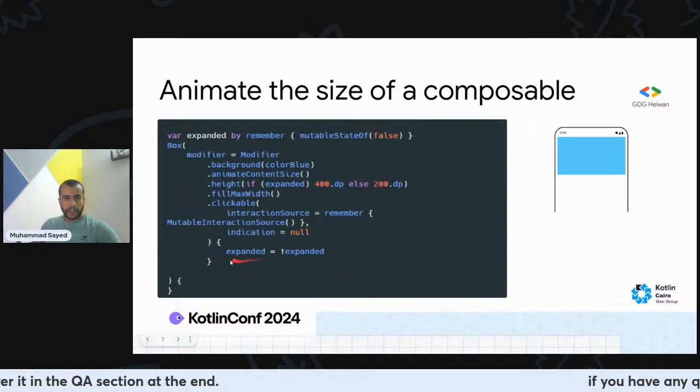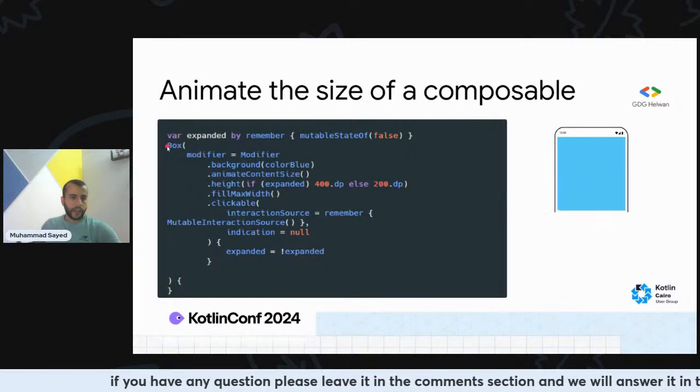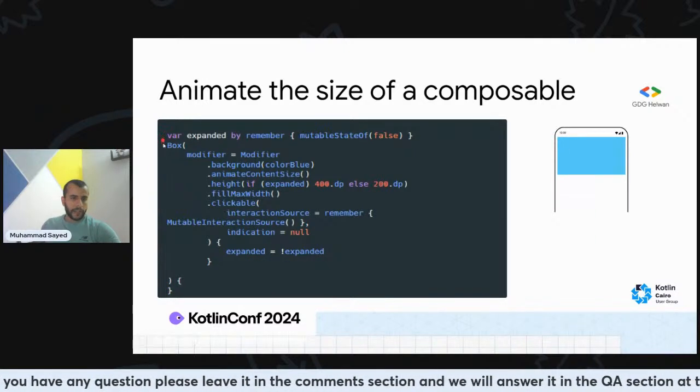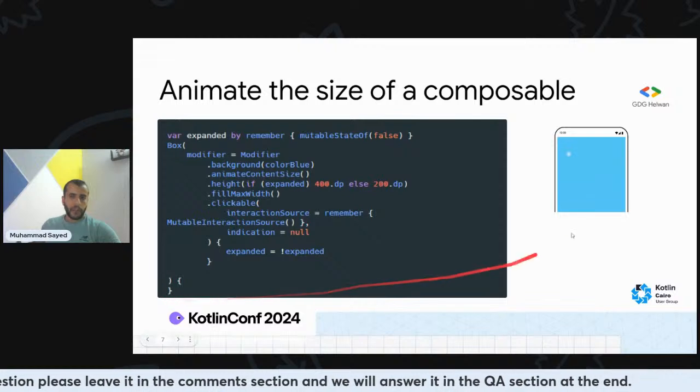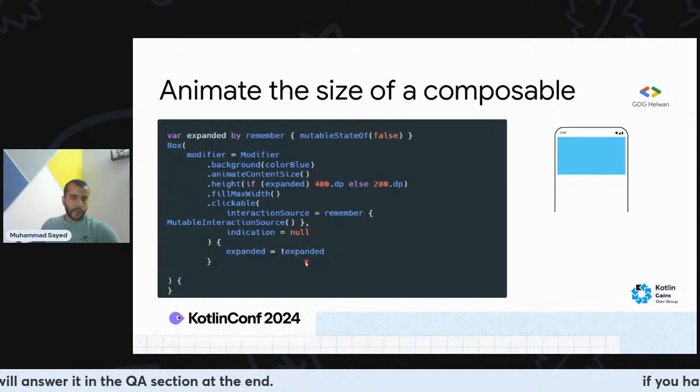If it's true we are making it false, and if it's false we are making it true, and this will re-trigger this box composable with the new values based on this expanded value changing.